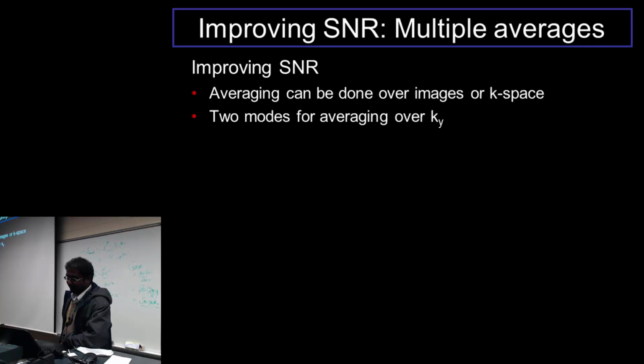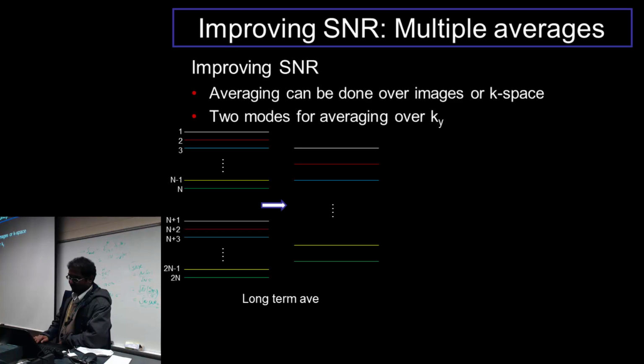So to improve signal to noise ratio, of course, averaging is one. But you can average in your k-space acquisition in multiple ways. One way is long-term averaging, meaning you do the experiment once and then do the experiment again, in the sense that you're acquiring multiple k-space lines.